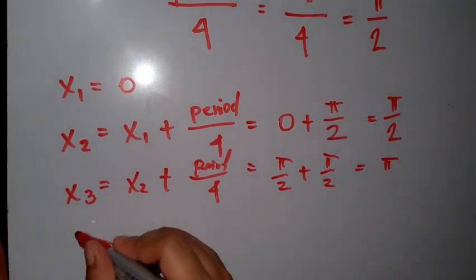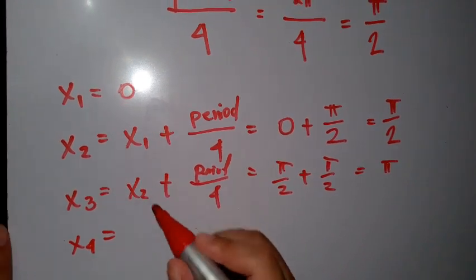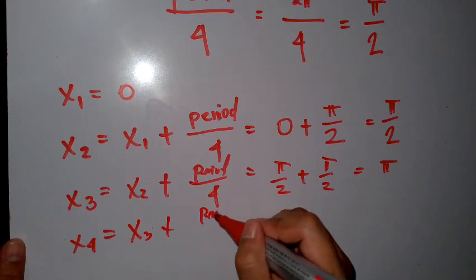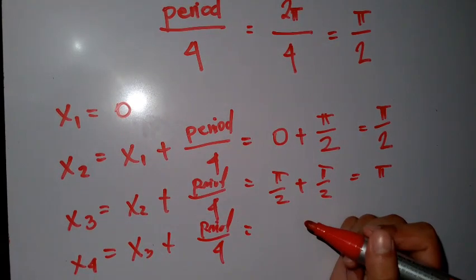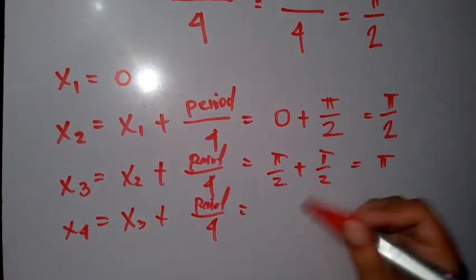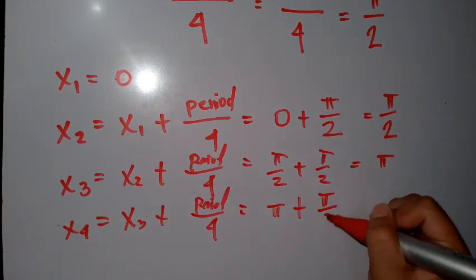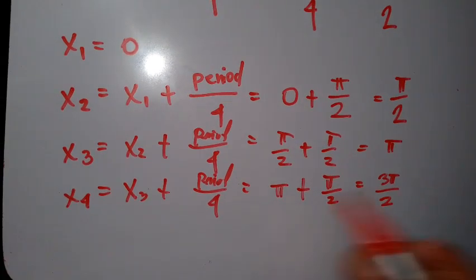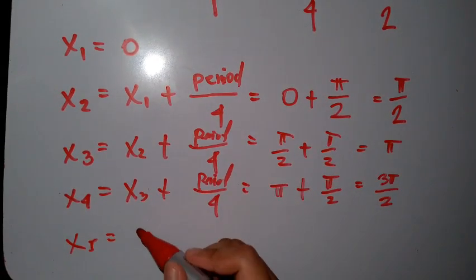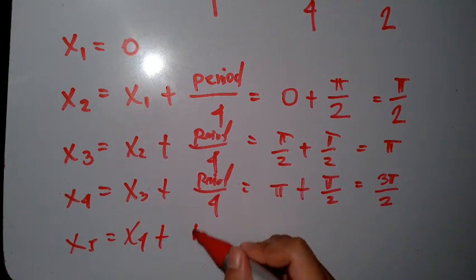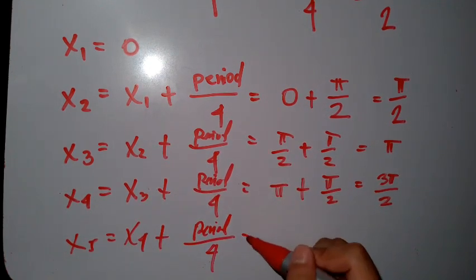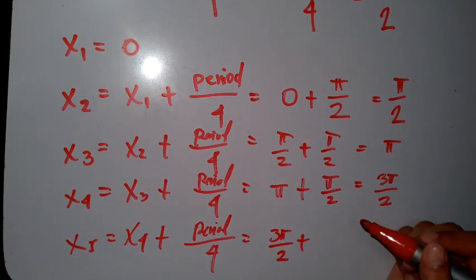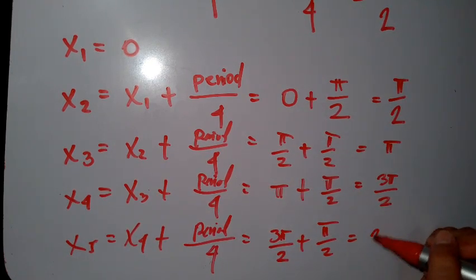Next, x sub 4 is equal to x sub 3 plus the period over 4, wherein x sub 3 is pi, added by pi over 2. We have 3 pi over 2. And last one, x sub 5, the formula for x sub 5 is x sub 4 plus period over 4. Since x sub 4 is 3 pi over 2, added by pi over 2, we have 2 pi.